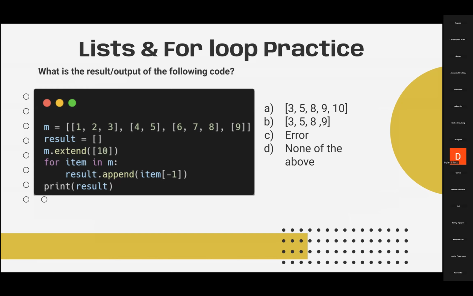But when we go to the last element of M, which is 10, just a number instead of a list, we cannot access anything by using the index -1 since the types do not fit. So it's a type error.